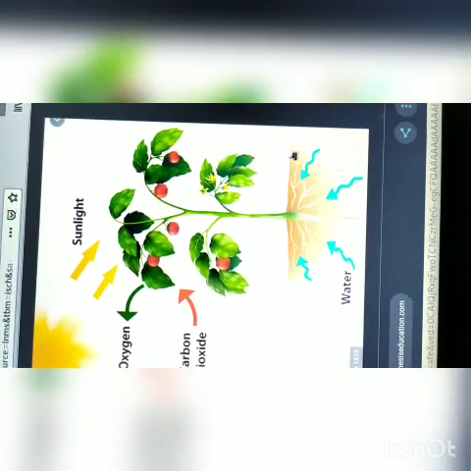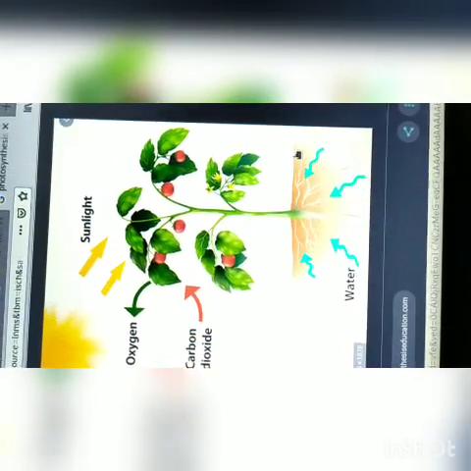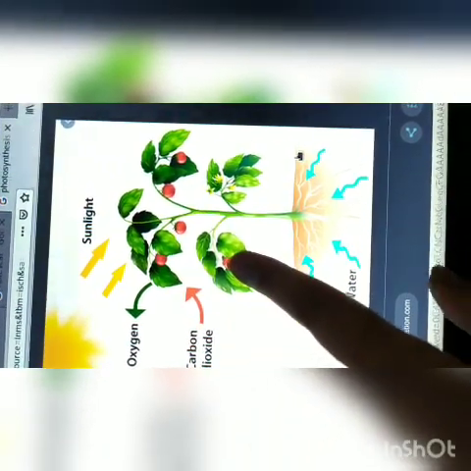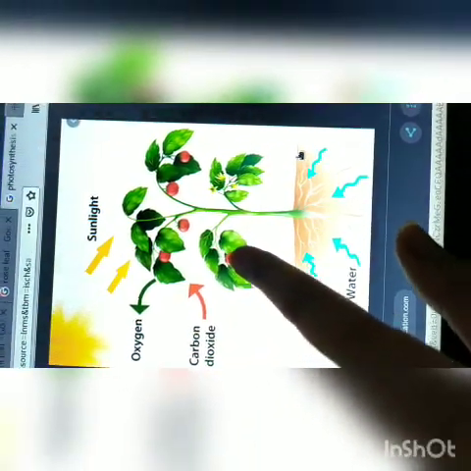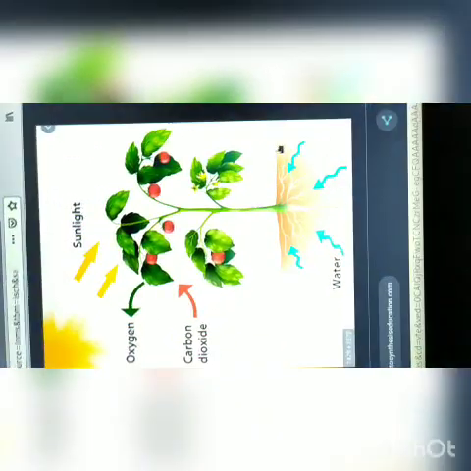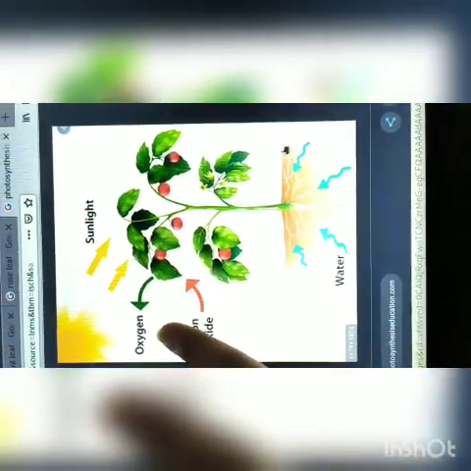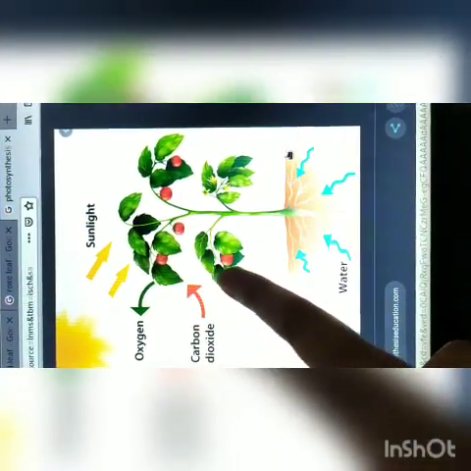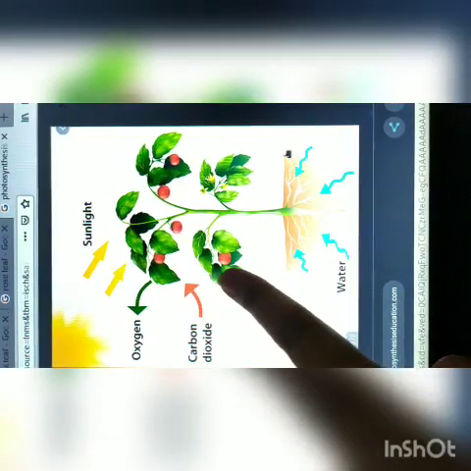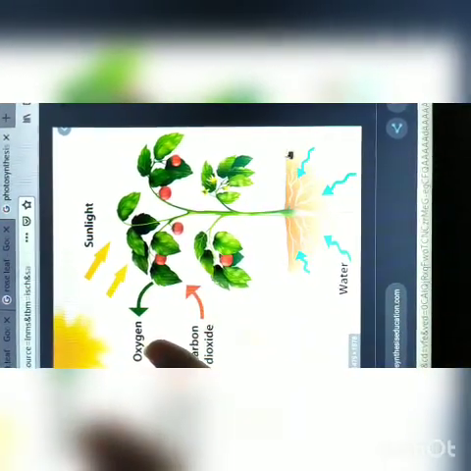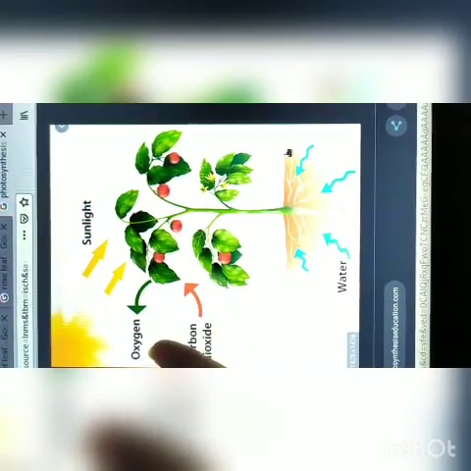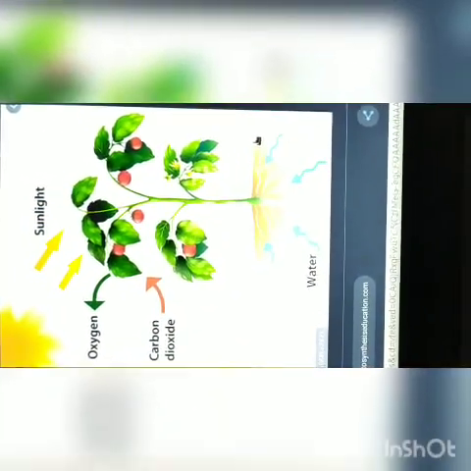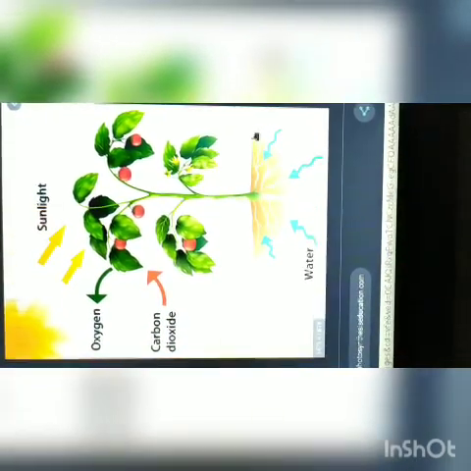We humans take oxygen from them and we give them carbon dioxide so that they can make their food. So, oxygen is a gas released by the leaves of a plant during photosynthesis, and this oxygen gas is used by all living things for breathing. So, plants or green leaves clean the air.